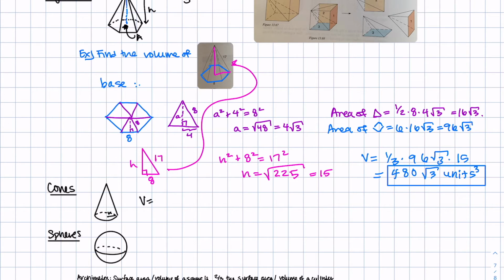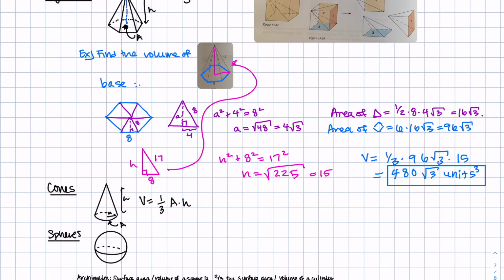And in essence, they really are. So the volume of a cone is going to be 1/3 the area of the base region times the height of the cone, where the height is that vertical height straight up, not measured along the side.